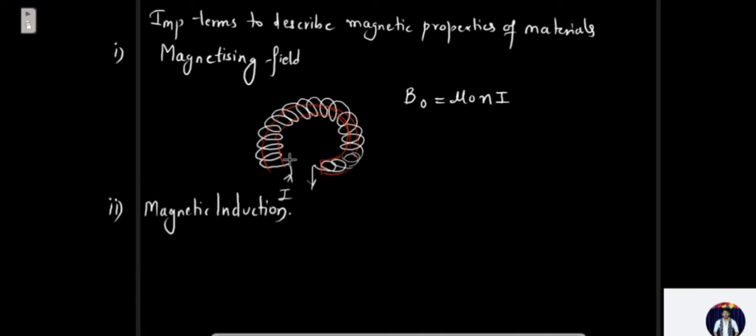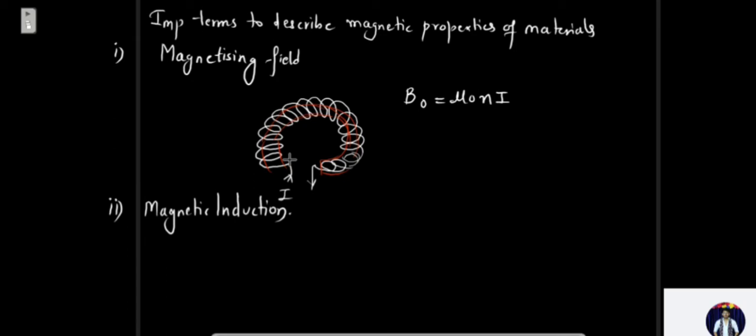Magnetic moments of the atomic current loops. There are electrons which are revolving, right? So due to these electrons revolving inside the material, magnetic moments will be generated, which are going to align themselves in the direction of the magnetic field or opposite to the direction of the magnetic field.